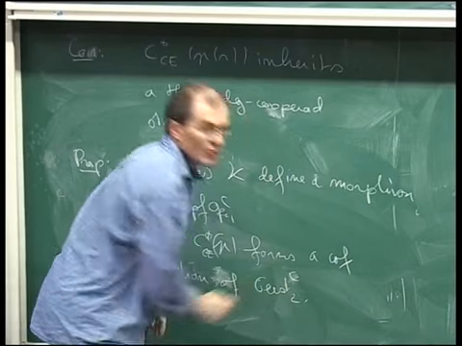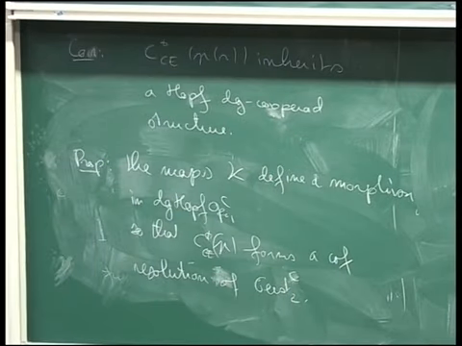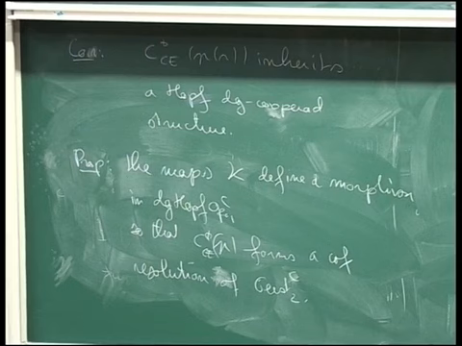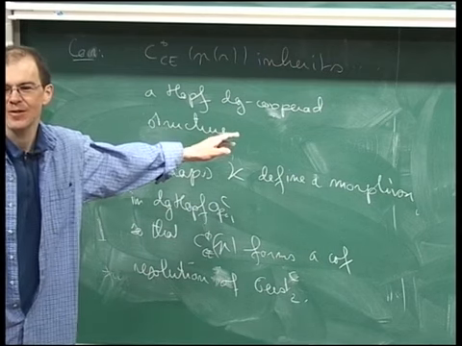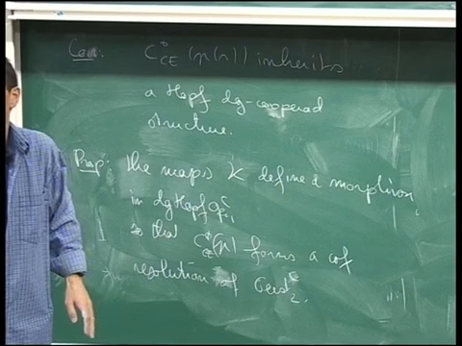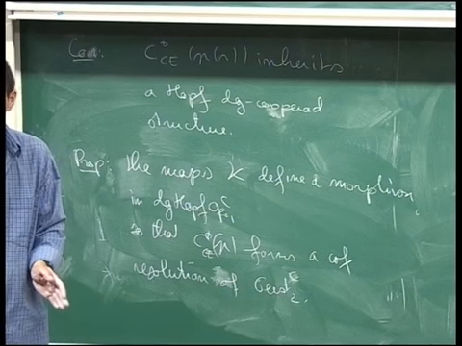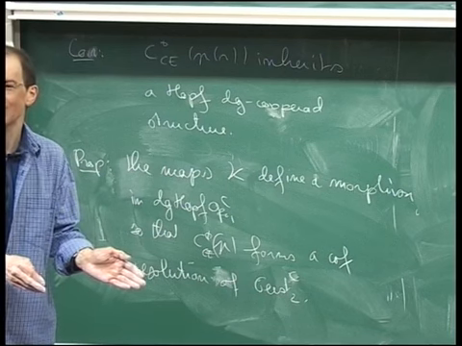Cofibrant in what sense? Is it cofibrant as an operad or just cofibrant? You just mean the cofibrant differential graded commutative algebras. So it's a cofibrant object in the category of DG cooperads. It's cofibrant with respect to the commutative algebra structure, not operadically.